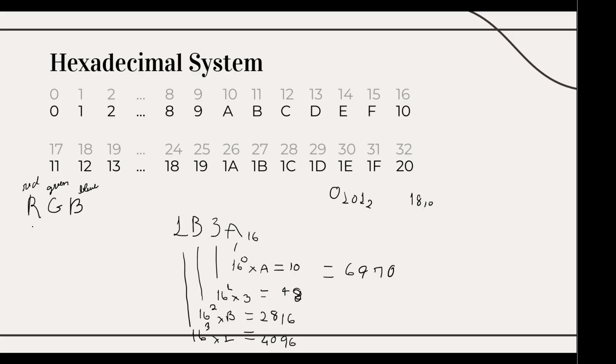So for example, we know that white is the color that has all three values at the maximum, and we know that each is represented by 1 byte, so we know immediately that white is represented by FF, FF, FF, which would be basically 256 for all the bytes that we have.